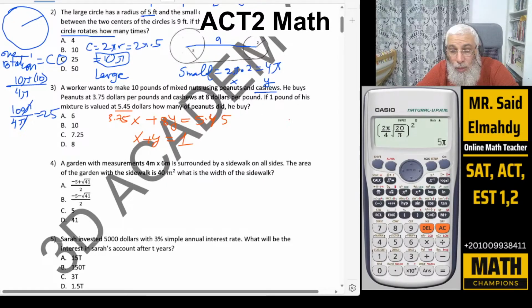So we can do this as a linear system of equations, mode 5.1 in the calculator. This is equation number 1, equation number 2.